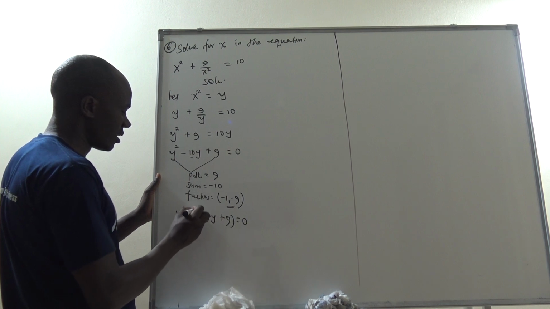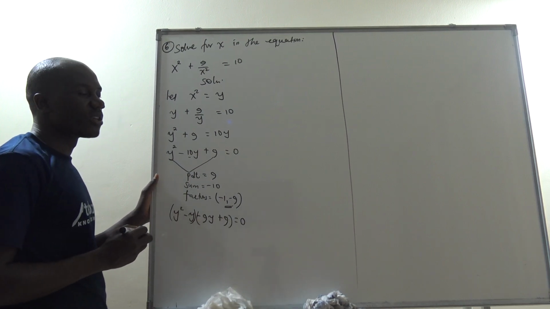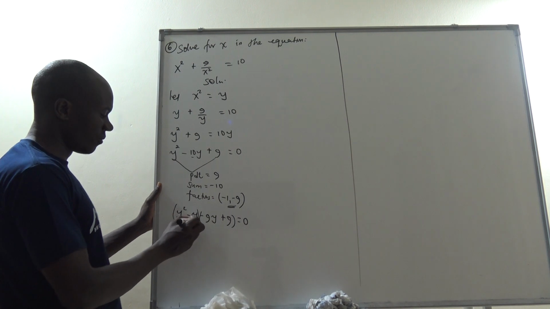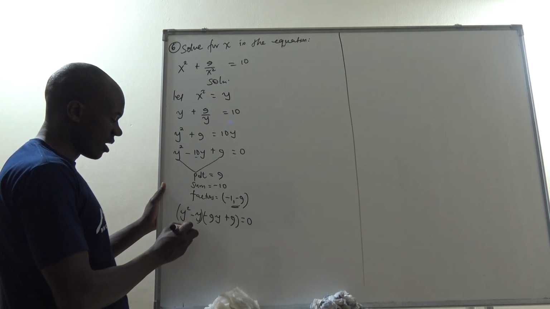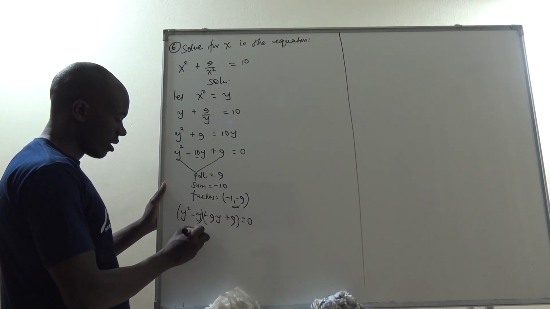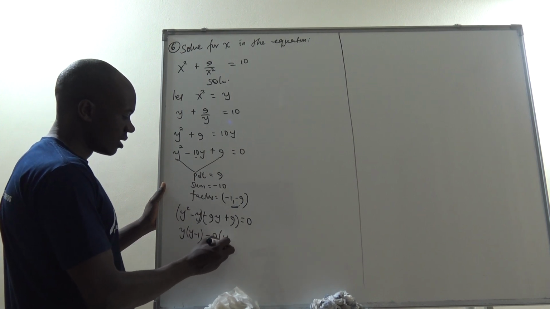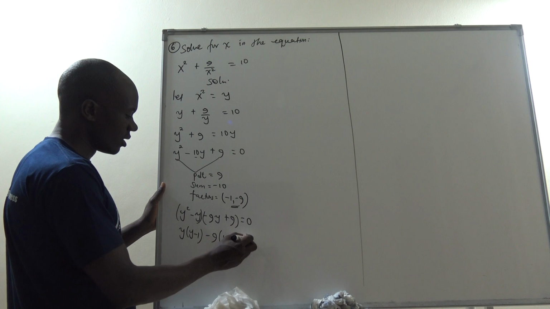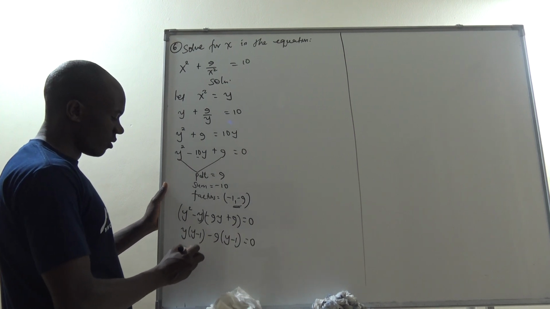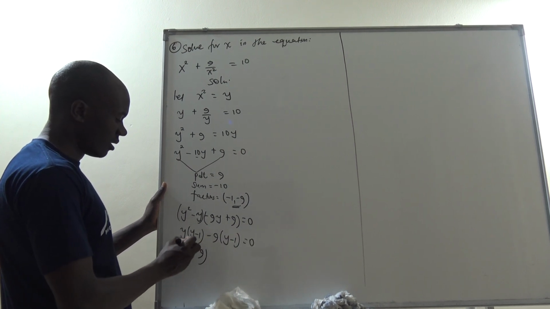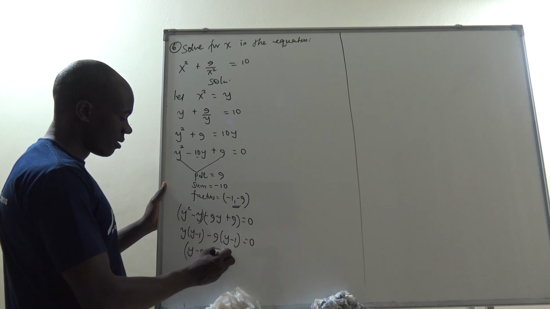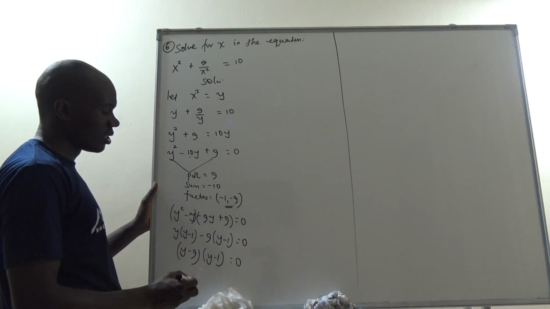The two numbers are being attached. So what is common on the first pair is y into y minus 1, and what is common on the second is minus 9 into y minus 1 equals 0. So I've got y minus 9 into y minus 1 equals 0.